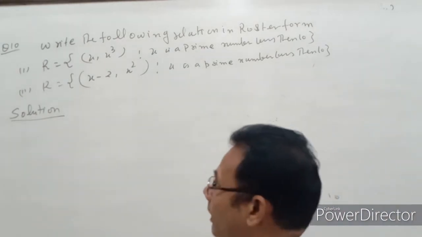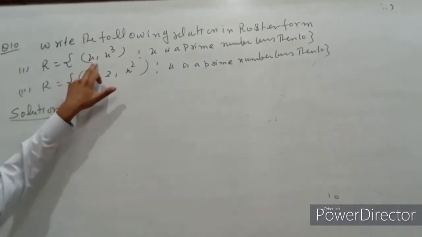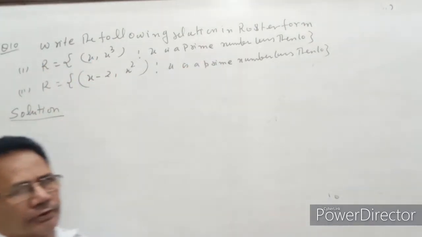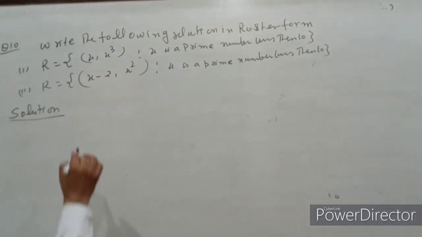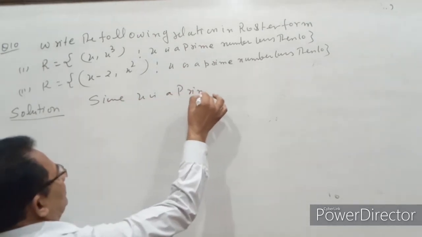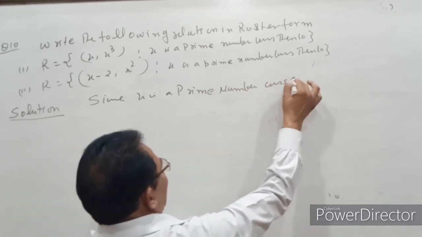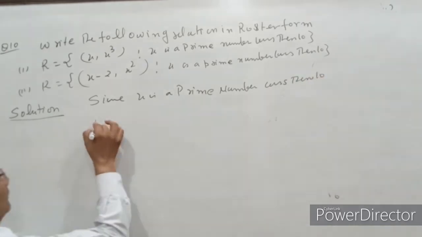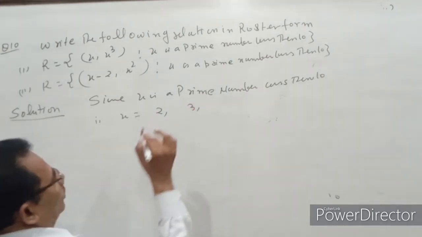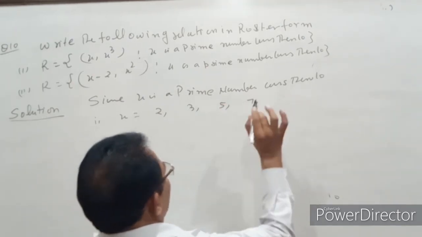यस, देखिए यहां पर right the relation in the roster form. If x cube ordered pair belong करता R को, और x is the prime number less than 10. Since x is a prime number less than 10, so therefore the value of x, smallest prime number is 2. हम लोग यहाँ ले सकते हैं 3, 5, 7 and so on.